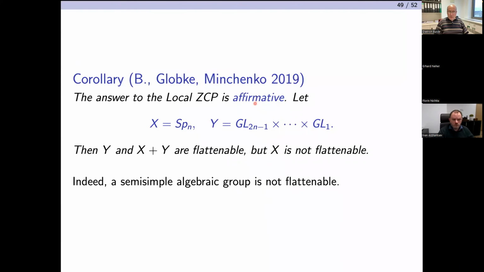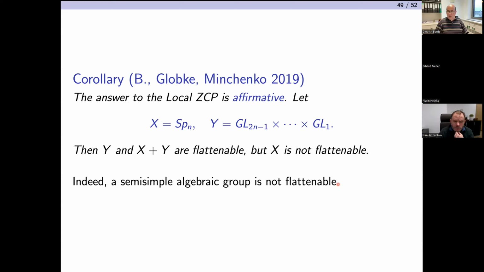And we could prove, without knowing it, that actually the local one is true, because exactly, we take X as the symplectic group and Y this direct product of GL_n's. And flattenable means super étale. So we have that, but X itself is not flattenable, because a semi-simple algebraic group has no étale representation.